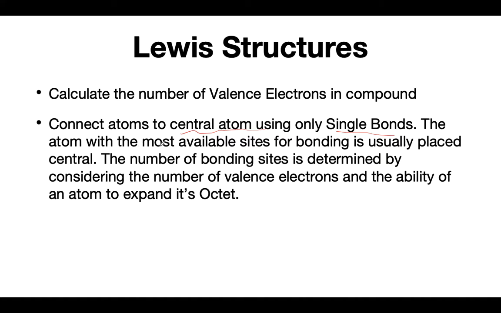The atom with the most available sites for bonding is usually placed in the center. The number of bonding sites is determined by considering the number of valence electrons and the ability of an atom to expand its octet. Now let's look at the example of sulfuric acid, which we studied.